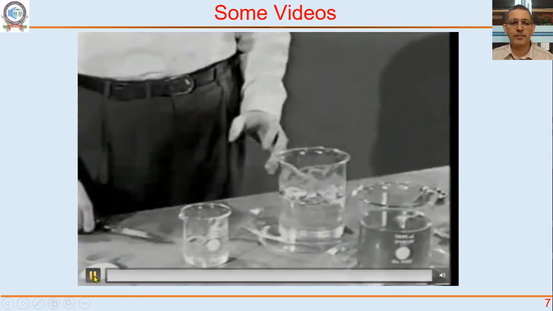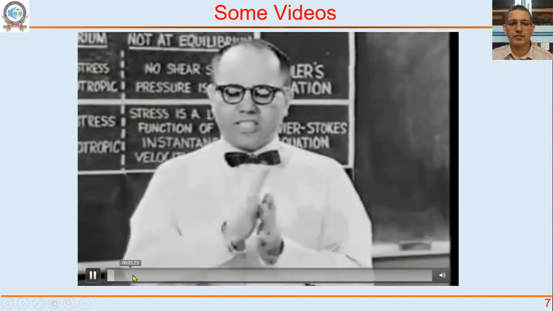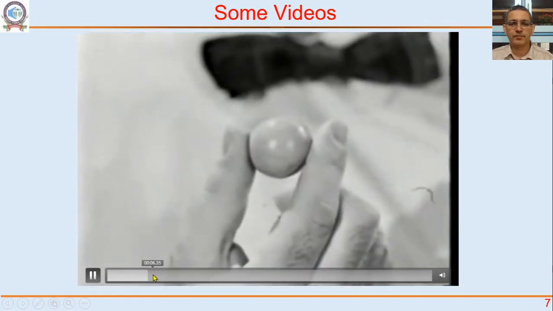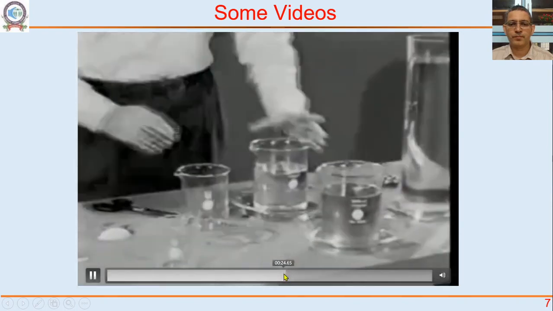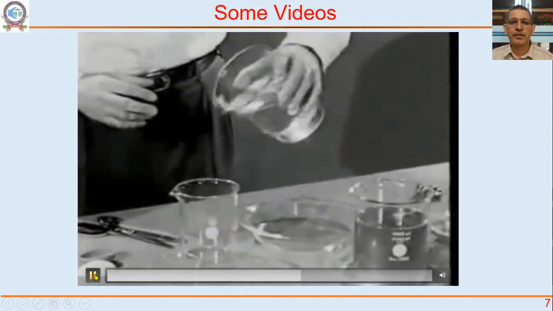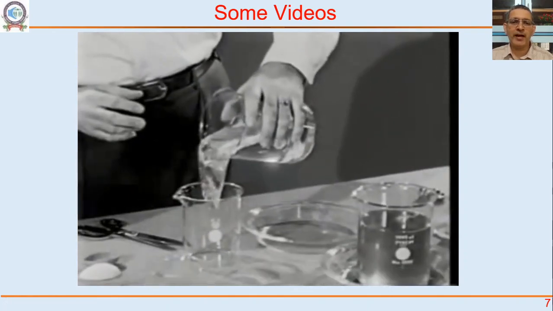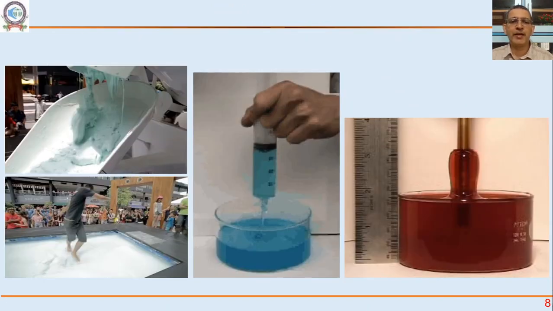See the fun part? This is especially the case with large molecules. This See fun part? He's trying to pour the liquid and is bringing it back.